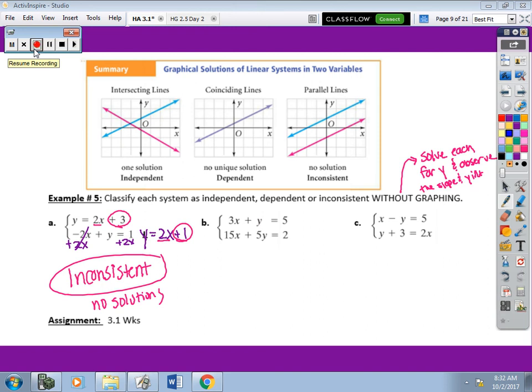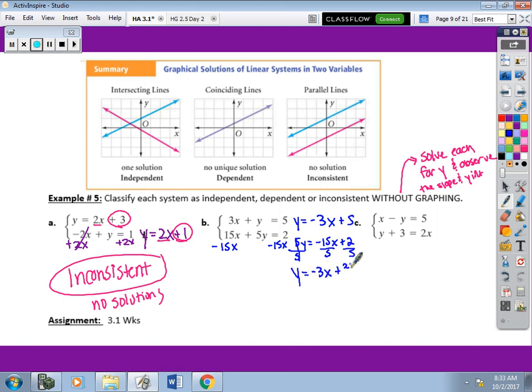All right, who can tell me what we got for B? Was it independent, dependent, or inconsistent? Garrett? Independent. Let's take a look. We should get y equals -3x plus 5. And whenever we subtract 15x, and we divide by 5, we'll get y equals -3x plus 2/5.